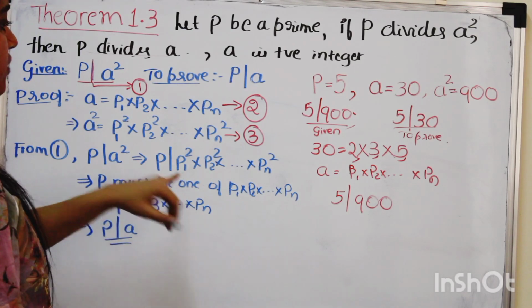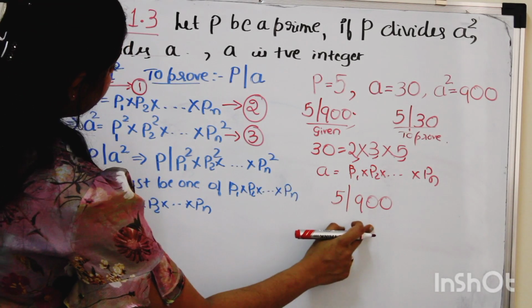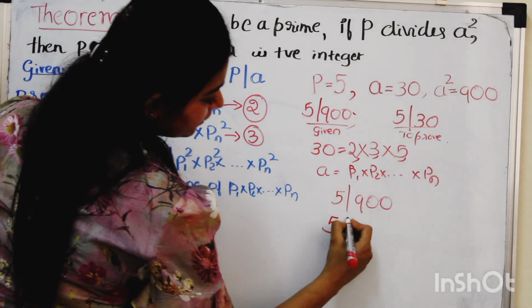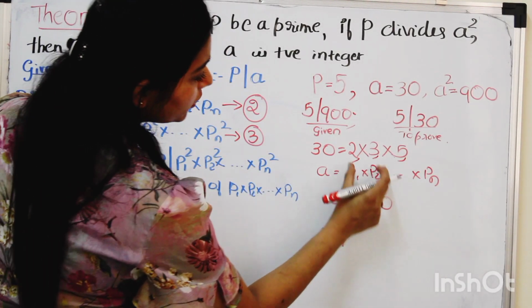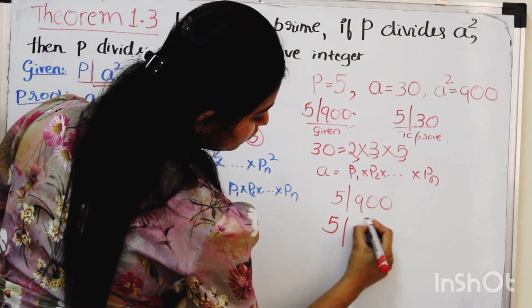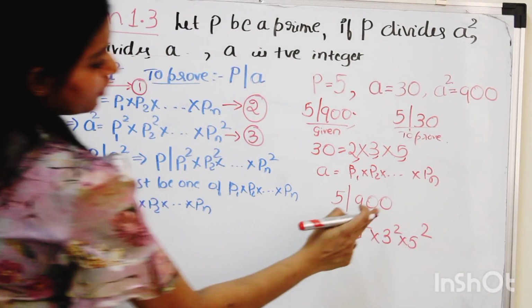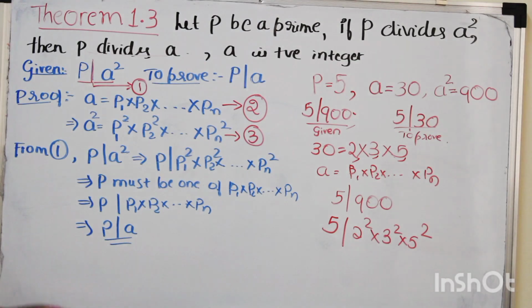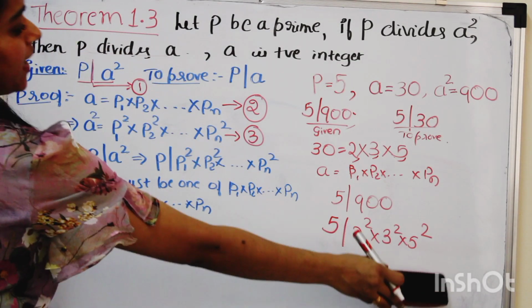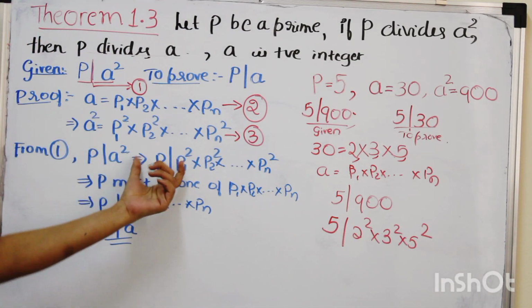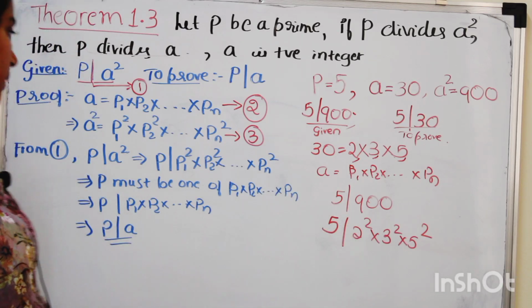Instead of A square, we write 5 divides 2 square into 3 square into 5 square. Instead of 900, we write 2 square, 3 square and 5 square. This is what comes in the next step.